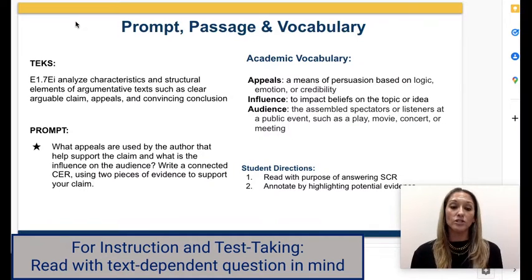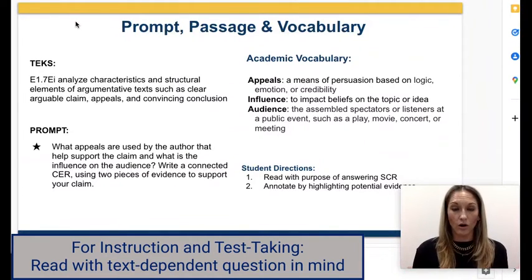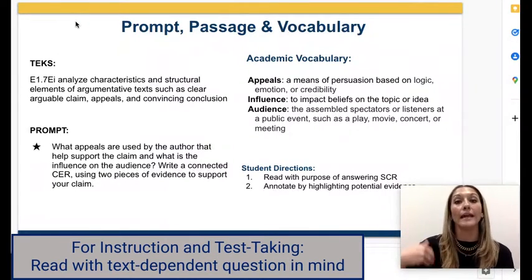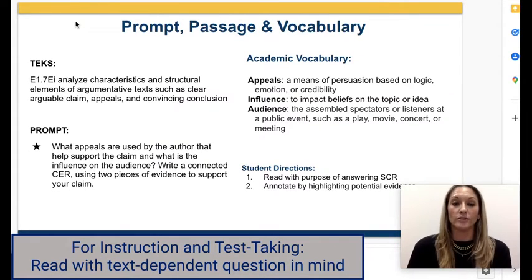And this will help the student have a charge or a reason that they're actually annotating that text so that they can highlight pieces of evidence that they think will answer that question.